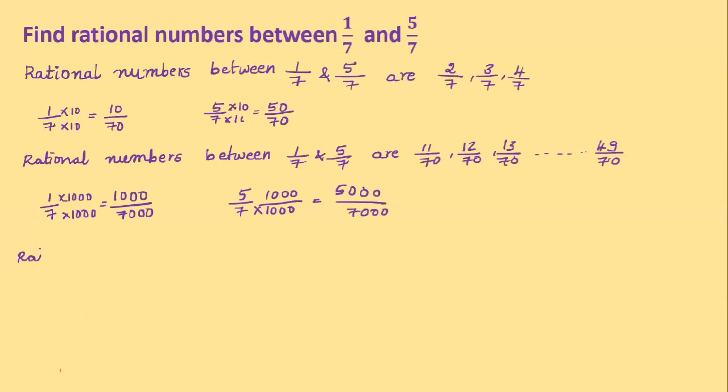Now you can write rational numbers between 1 by 7 and 5 by 7.